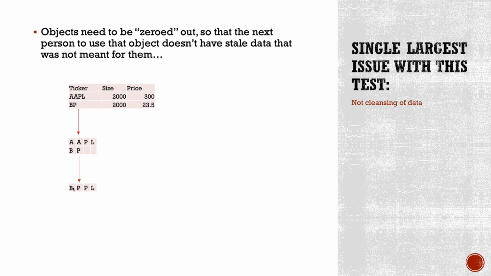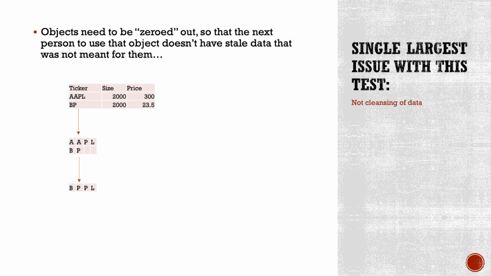You're going to replace the size of the ticker that you're dealing with, which means that the order going out to the market is BPPL. I don't even know if that's a real order. And when suddenly people start asking you to define where this order came from, you're going to start going through your logs, and you're not even going to find BPPL coming into your system, yet somehow, somewhere, it got introduced. So this cleansing of data is actually quite important.